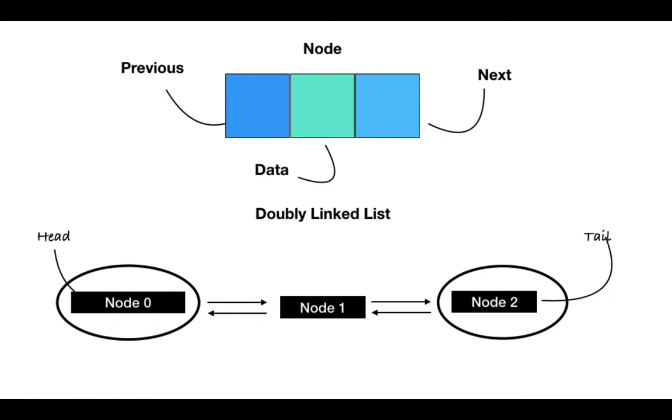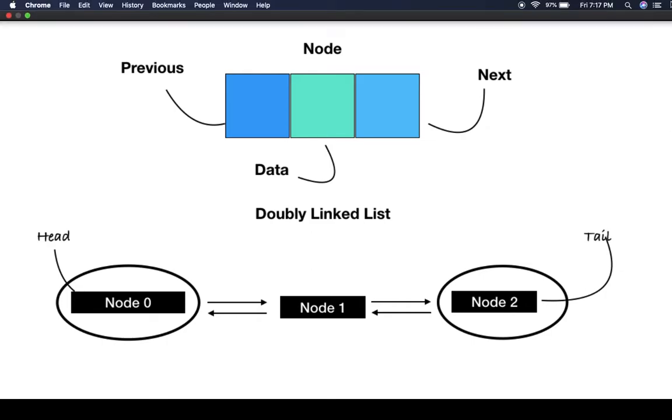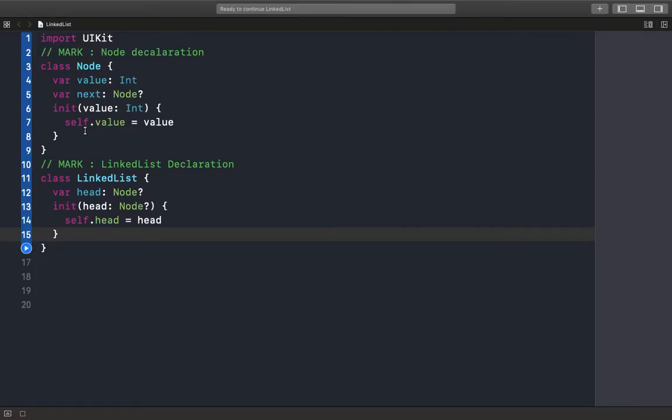Without wasting any time, we'll dive into Xcode and do some coding. So guys, I have created two things, one node and one linked list. This node, as I already mentioned, has two values: one is value, another is next, which contains another node.